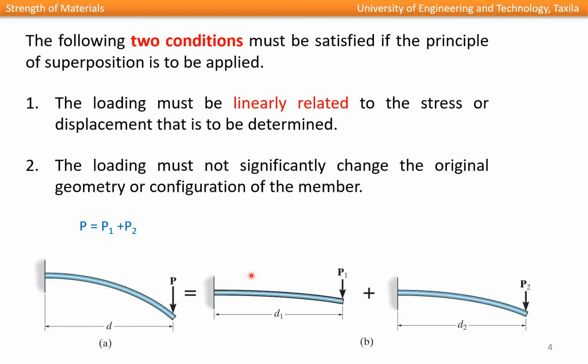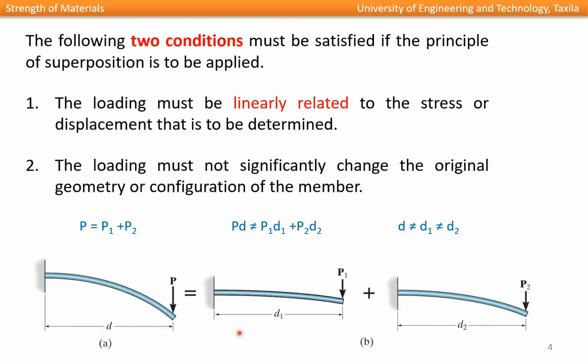So in this case the resulting moment may not be equal to the moments produced by the individual loads, P1 into D1 or P2 into D2, because this distance D is no longer equal to D1 and D2.